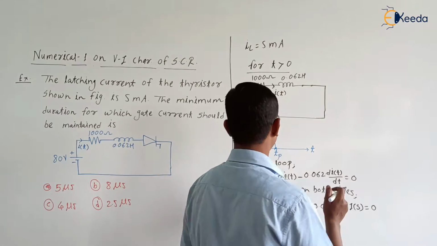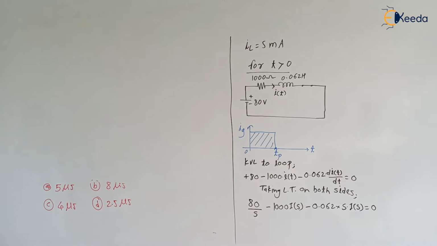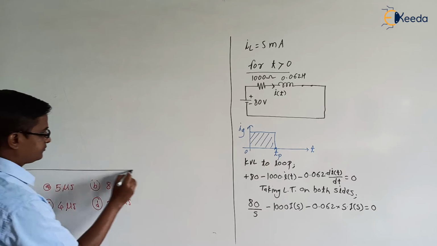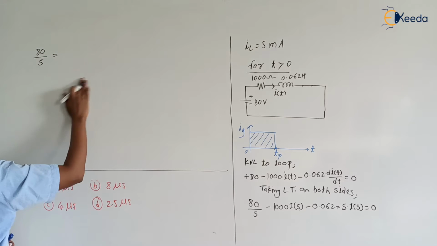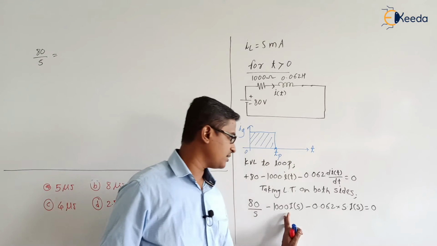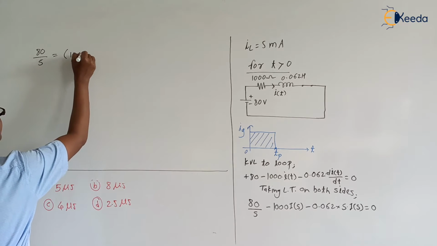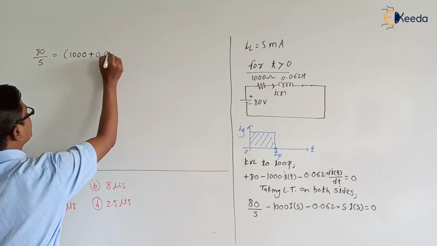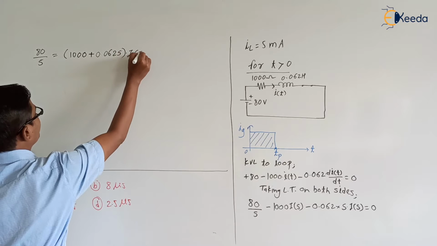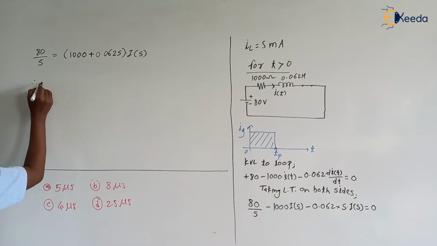So we can write 80 by s is equal to, shifting these terms to the right hand side, 1000 plus 0.062 s, into I(s). Further, can we take 0.062 common?